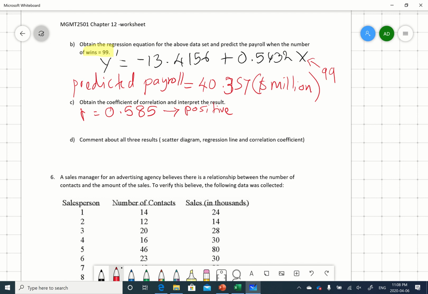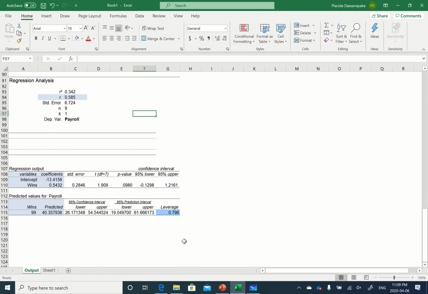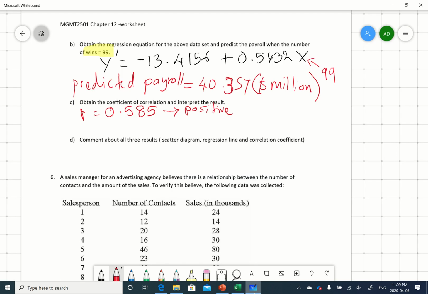I would go with the weaker side, because the coefficient of determination is fairly low. So I would say a positive, weak, linear association between wins and the payroll.